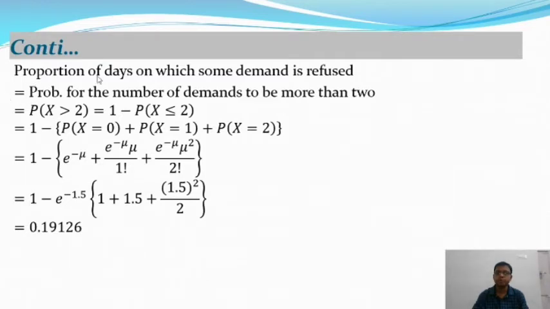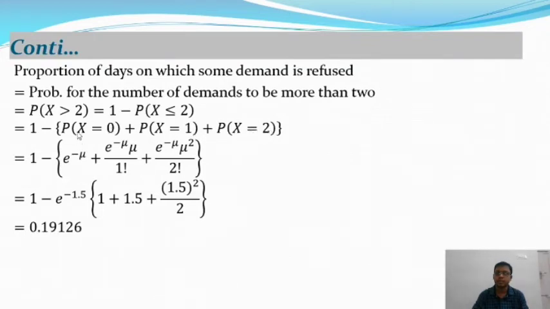That means probability of x greater than 2, and from the definition of the distribution function, it is 1 minus probability of x less than or equal to 2, which is 1 minus probability of x equal to 0 plus probability of x equal to 1 plus probability of x equal to 2.